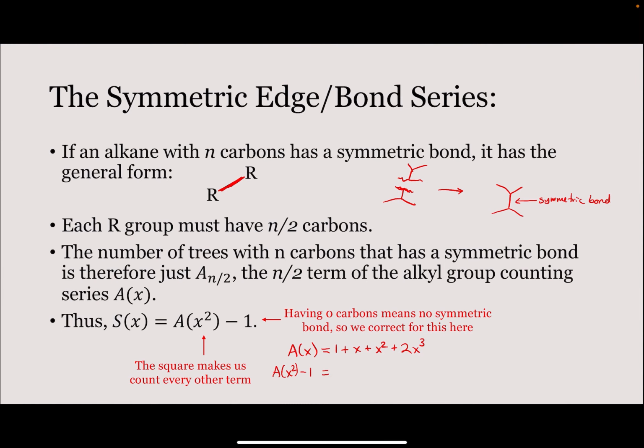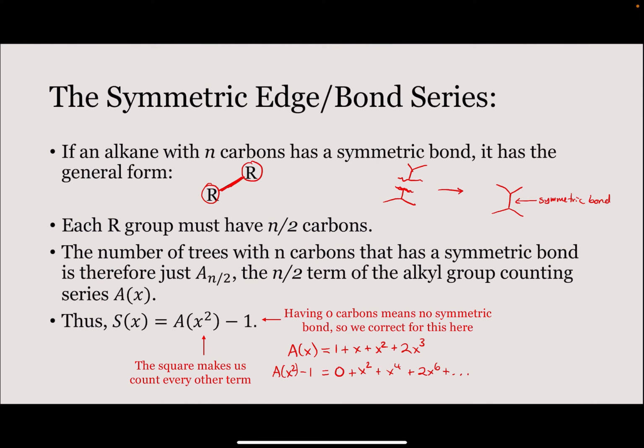Subtracting the 1 gives us a 0, plus x squared, plus x to the 4th, plus 2x to the 6th, plus so on. Now our generating function will skip every odd term. And that makes sense. If you have a symmetric bond, you can't have an odd number of carbons, because you must have n over 2 carbons here, n over 2 carbons there, and together they have to be an even number. So this x squared term just shifts our generating function over.